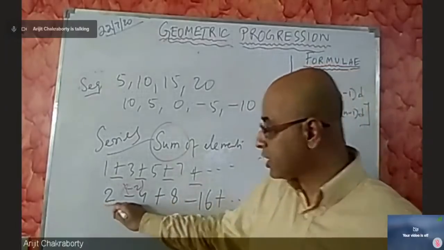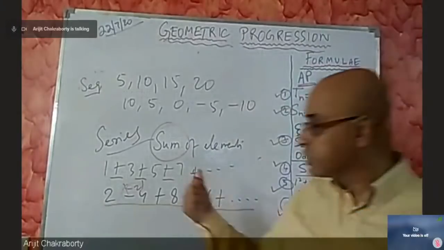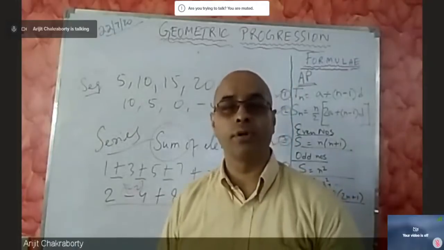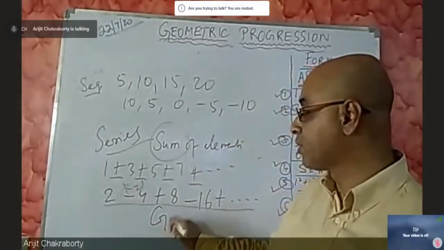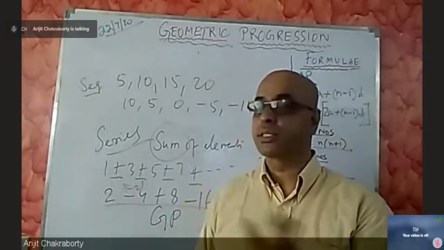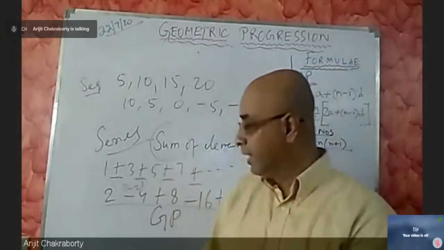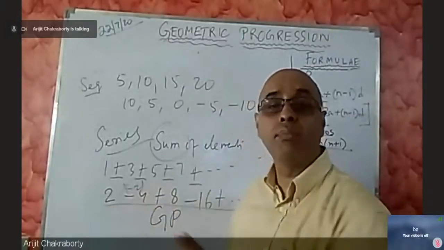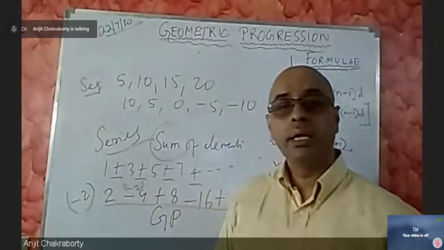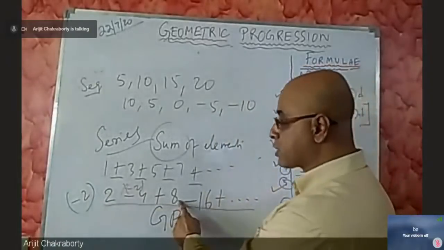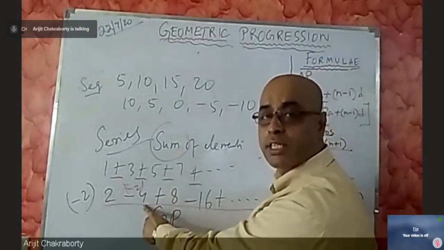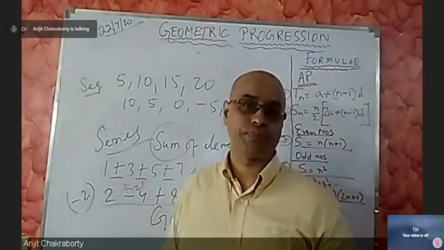So this particular series is not an arithmetic progression. This is a geometric progression, because there is no common difference, no CD. Here we call it the common ratio, and the common ratio here is minus 2. That means any term, 8 for example, divided by the previous term, minus 4, will give you minus 2.